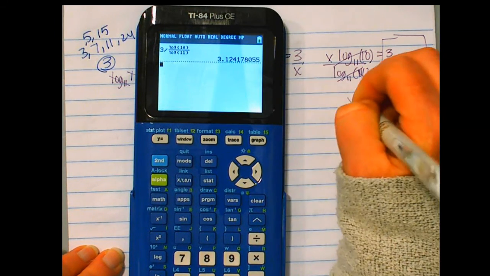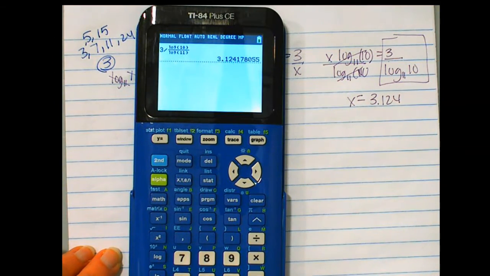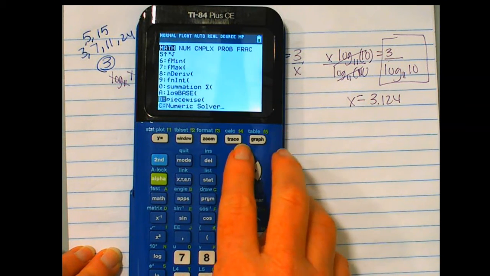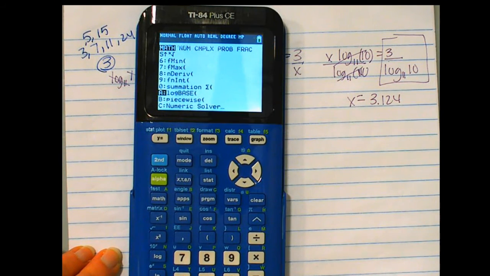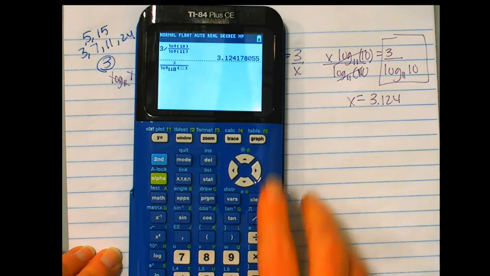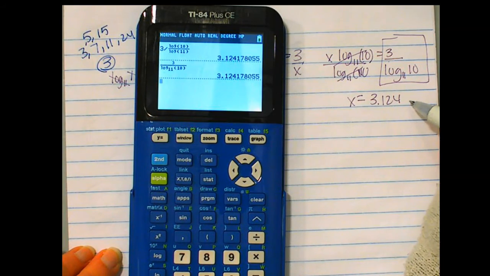That gives me 3.124. Did they want 4 decimals? Nope. Or I can type it in just like this. If my calculator will let me, I can say fraction 3, and then I can do the math button and find this button with log base. Then I can put in 11 and 10, and it gives me the same answer.